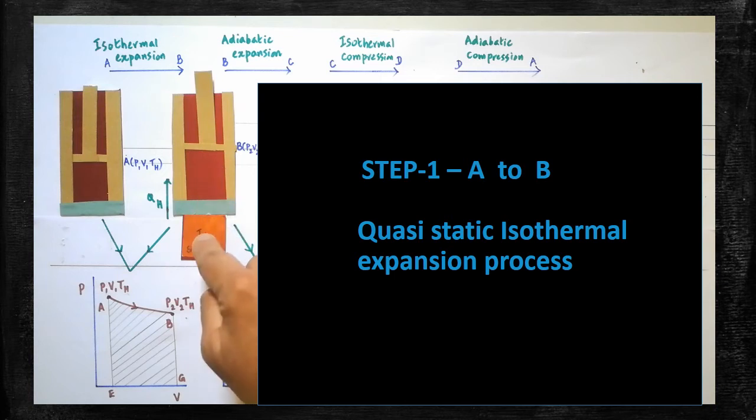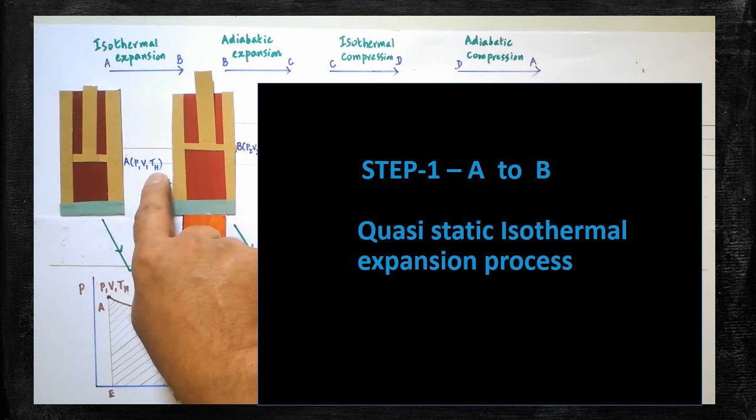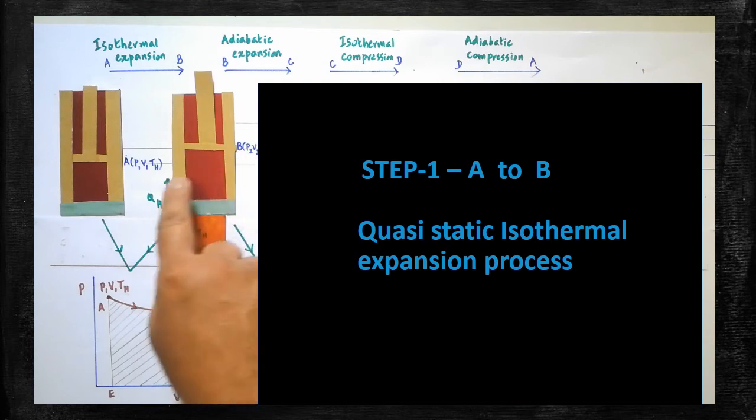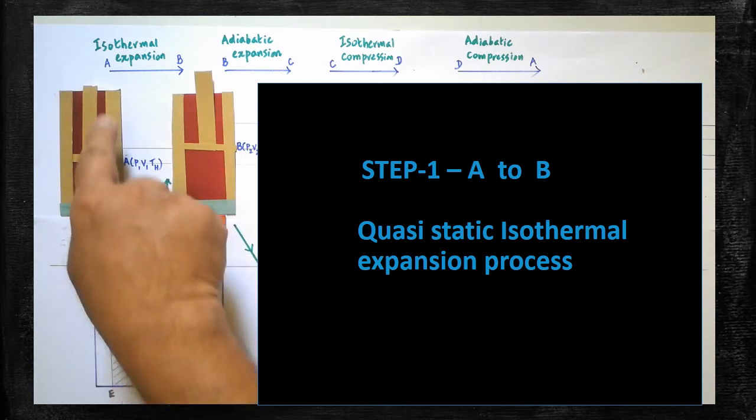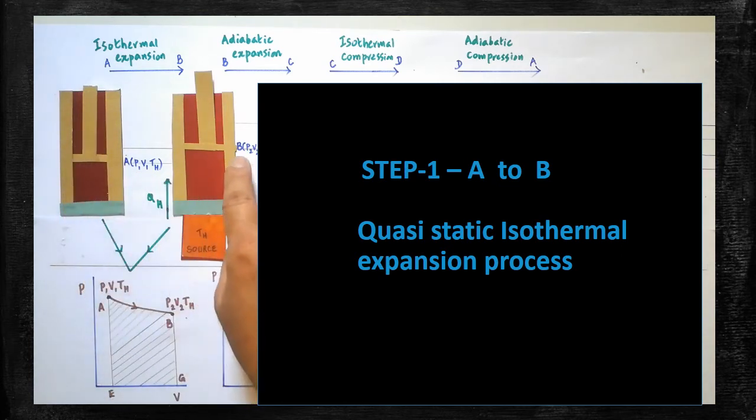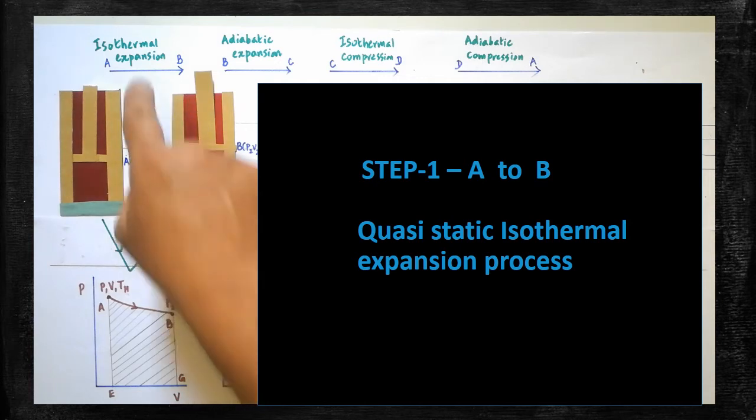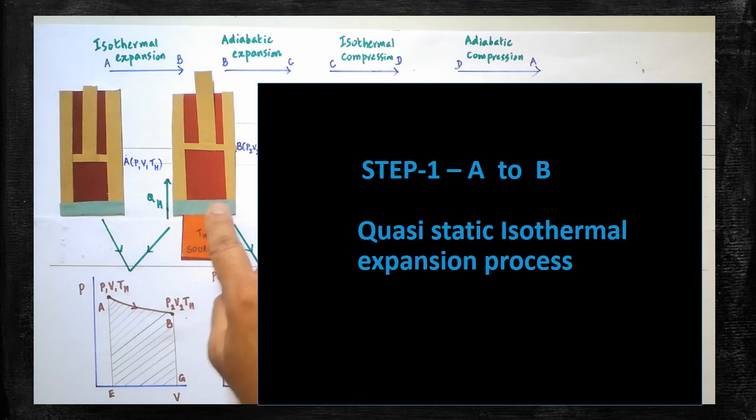That will be compensated by the supply of heat. Again, the same temperature TH will be maintained. Before the expansion process, it was at A. Now, after the expansion, it has come to the new position B. Even though it moves from one position to another position, the same temperature is maintained within the system. That's why this is called isothermal expansion.